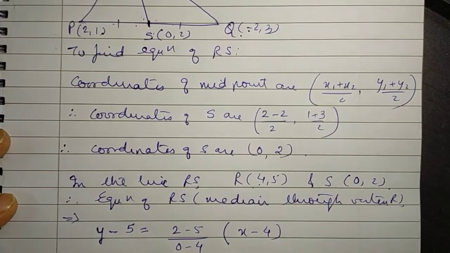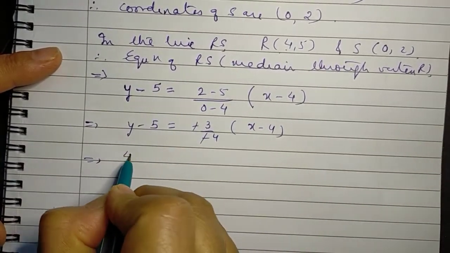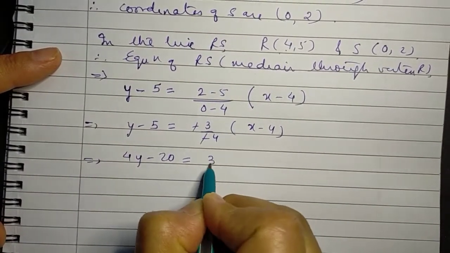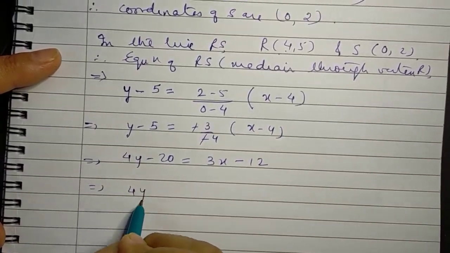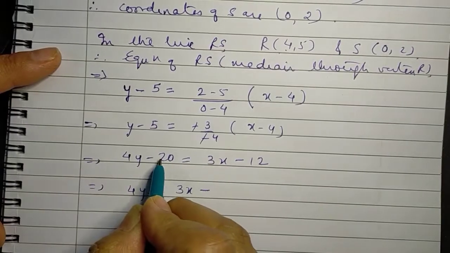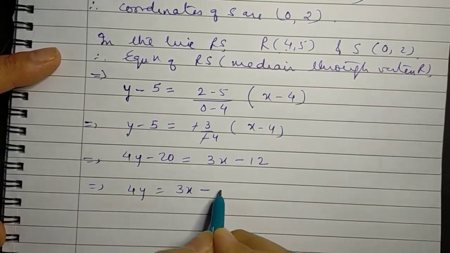and this comes out to be y minus 5 is equal to minus 3 upon minus 4 times x minus 4, which you solve further, we get it as this gets cancelled. 4y minus 20 equal to 3x minus 12, which gives us 4y equal to 3x minus 12 plus 20, which is 8.